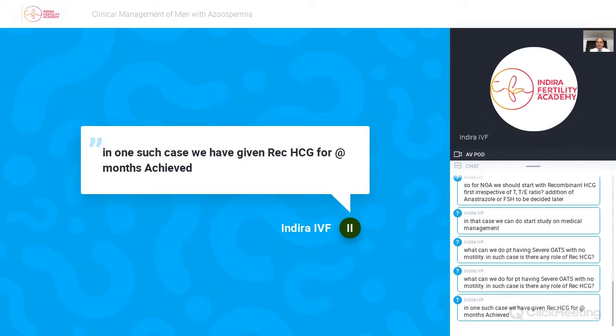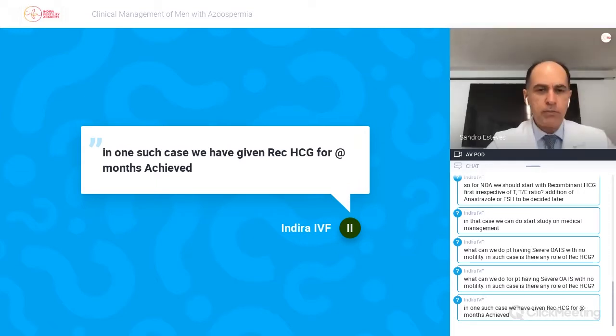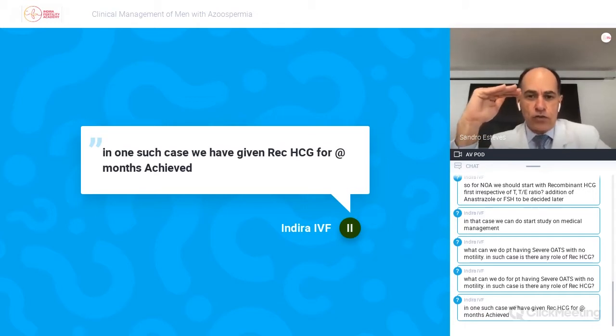So, is there any role of TESA once you have achieved a testosterone level of 800 or so in such cases? I think so. I would advise you to go for testicular sperm. One important thing to discuss in the case that you presented is that the ceiling level concerning testosterone is 800. We should never go beyond that level, because then you start blocking the pituitary.